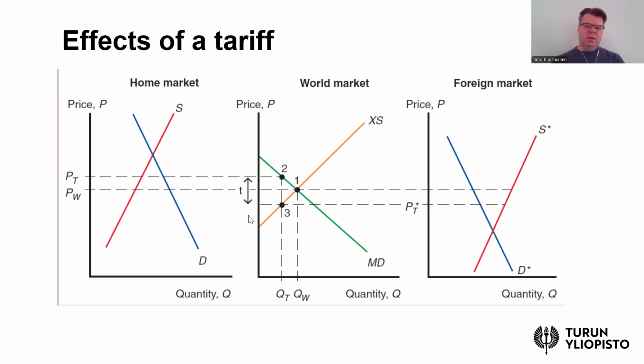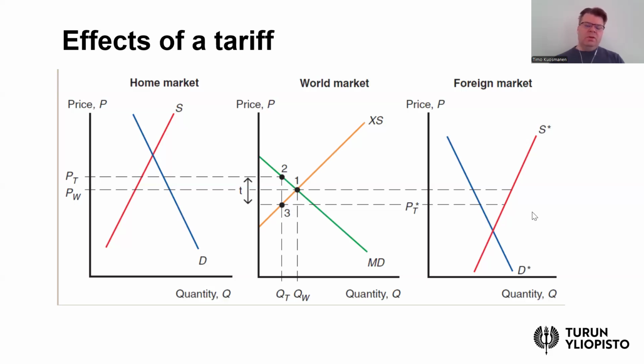So in the new equilibrium, let's start again from the world market. The world market must be in equilibrium. The tariff drives a wedge, similar to the tax wedge, in the world market. So the demand price in the new equilibrium is equal to 2, and the supply price is equal to 3. Point 2 determines the price in the home market for the consumer, and also the producer, in fact, and then price level 3 prevails in the foreign market.